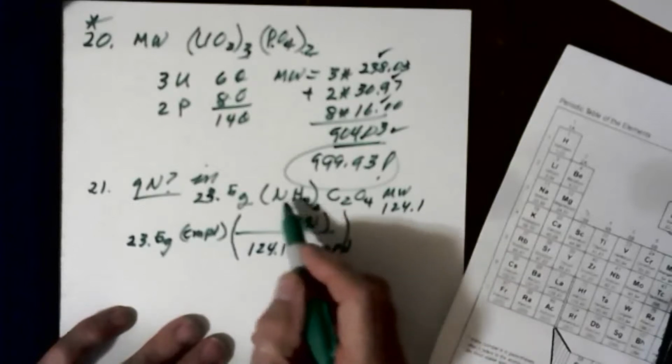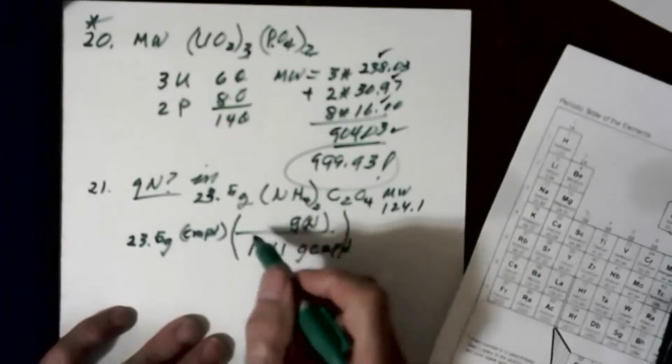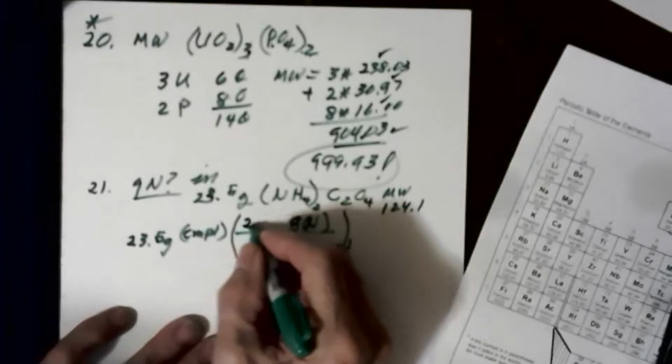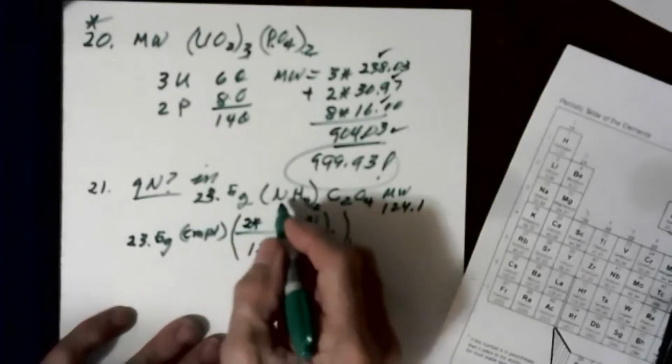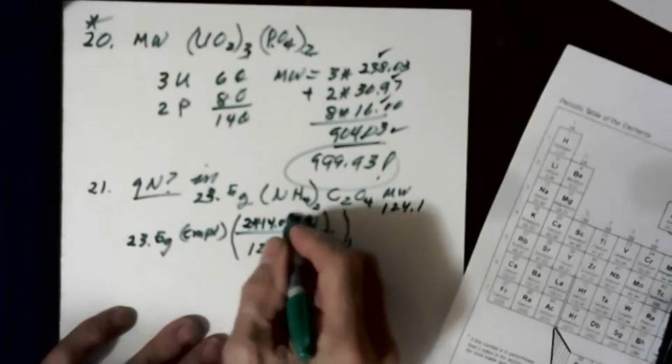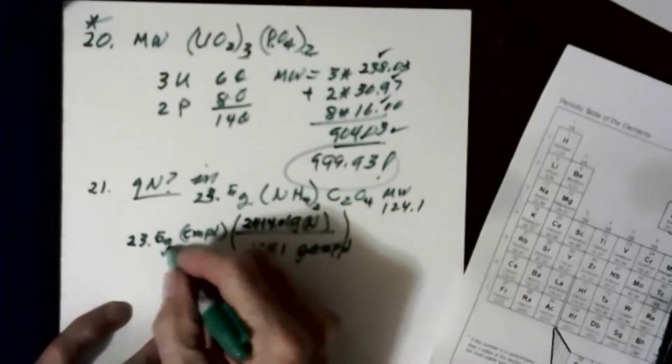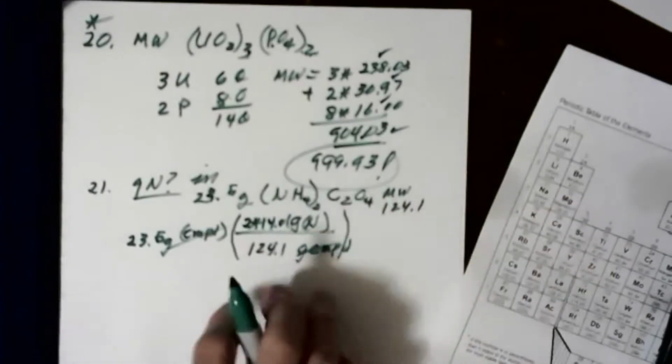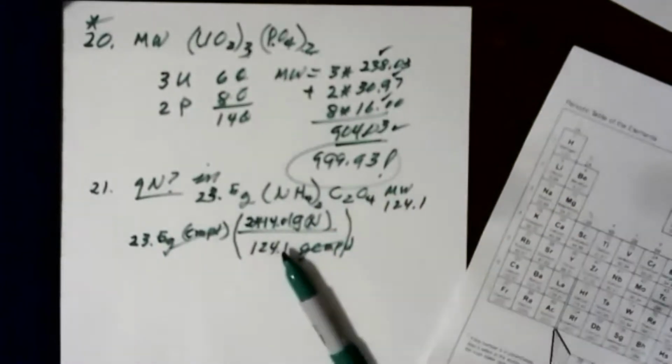It's going to have 2 moles of nitrogen. That's what we're interested in. So it's 2, the molecular weight of nitrogen is 14 from the formula. So if I divide that out, that ought to give me my answer. So it's 23.5 times 2 times 14.01 divided by 124.1.